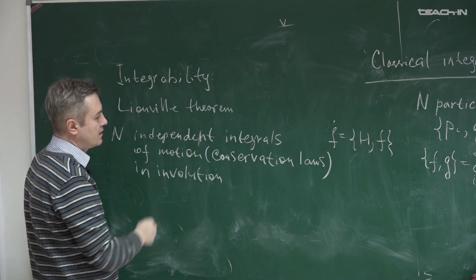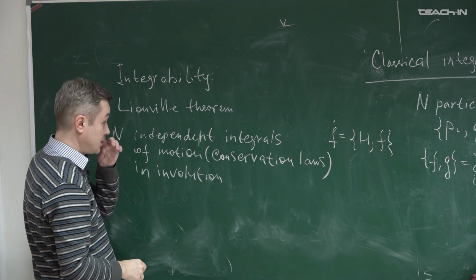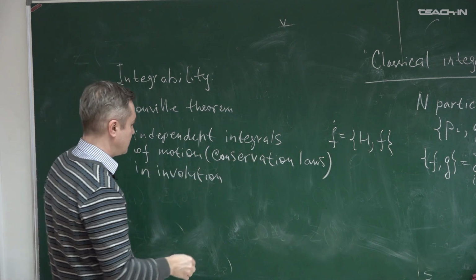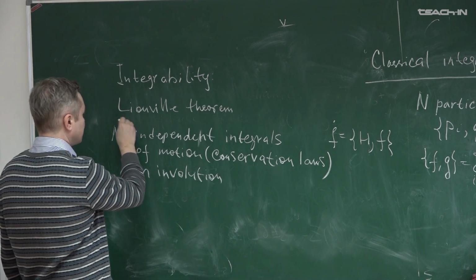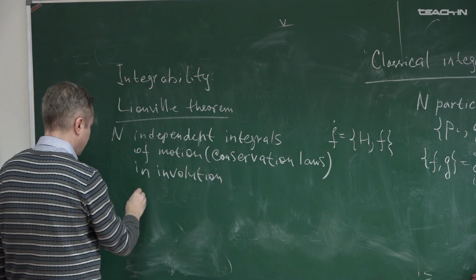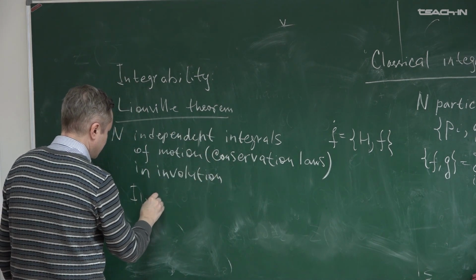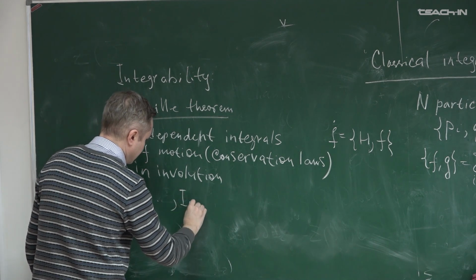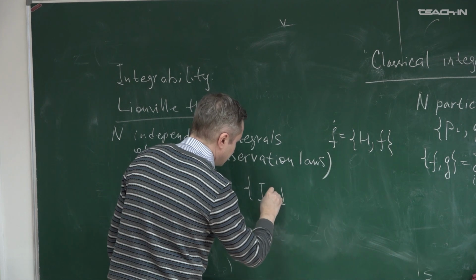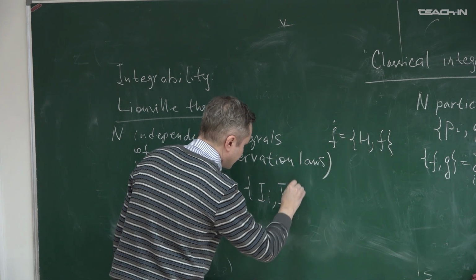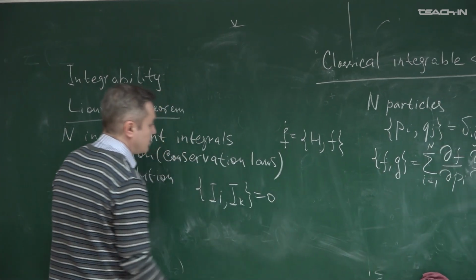For example, if we have a canonical Poisson structure, then we use this one. And the statement says that the model is integrable if we have a number of conservation laws such that the Poisson bracket between them is equal to 0.